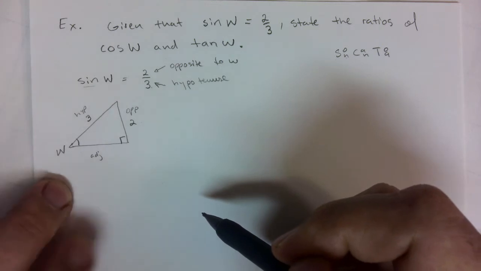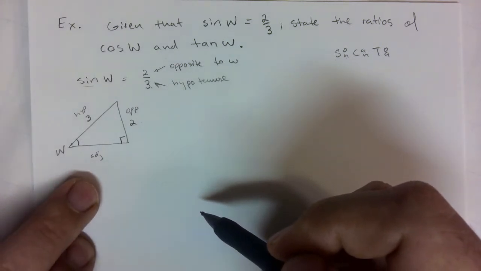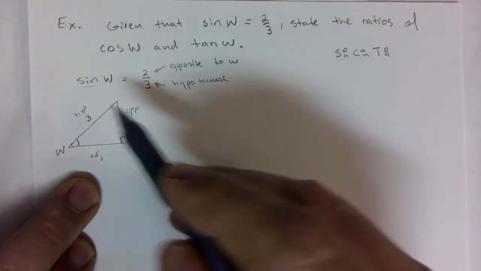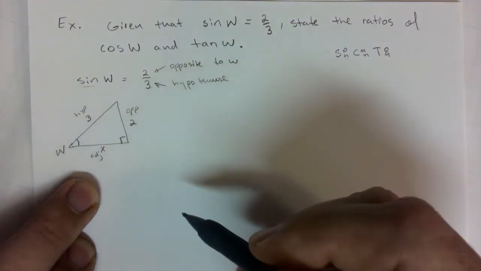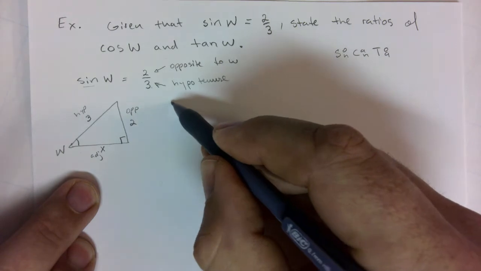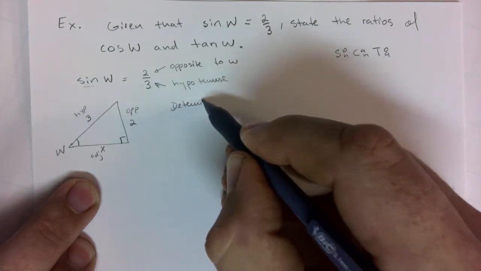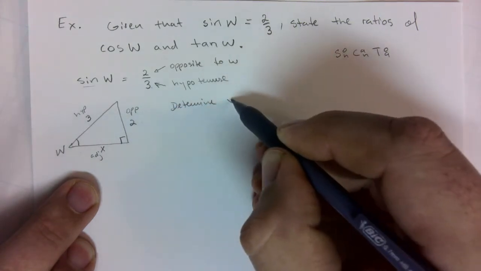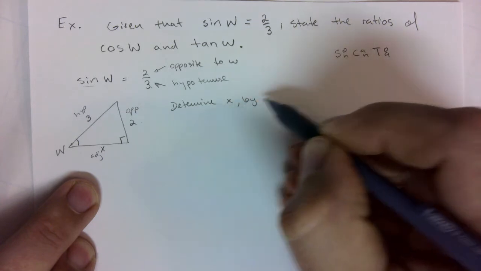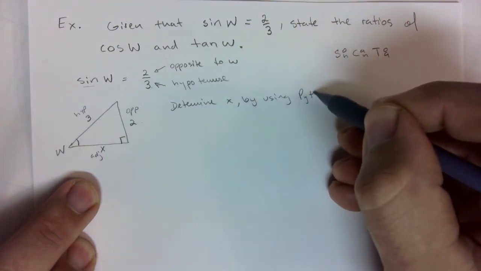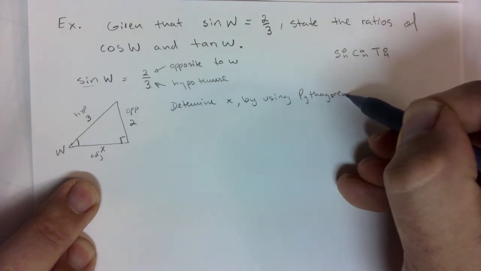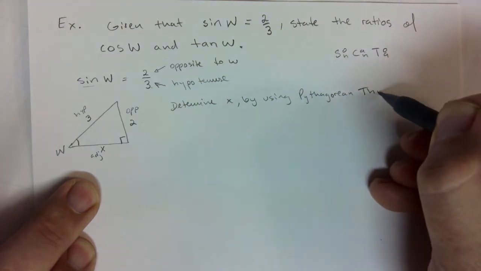Okay, so we have 2 out of the 3 sides, so I'm going to call this x. Determine x by using Pythagorean theorem.